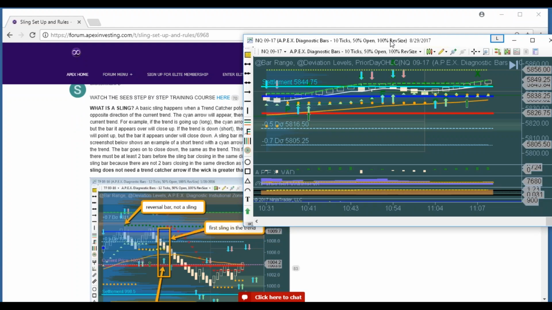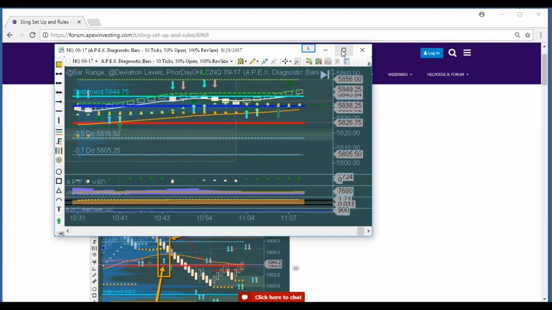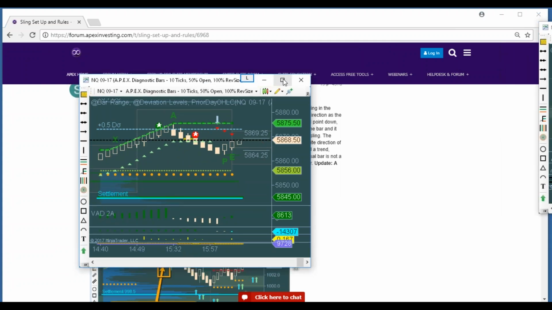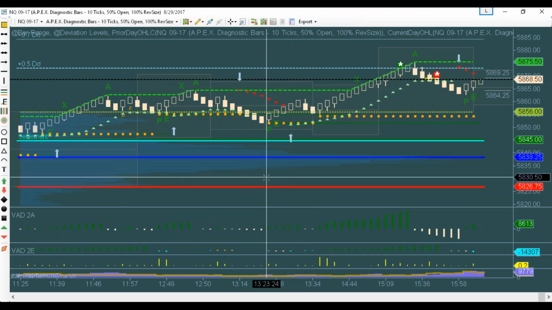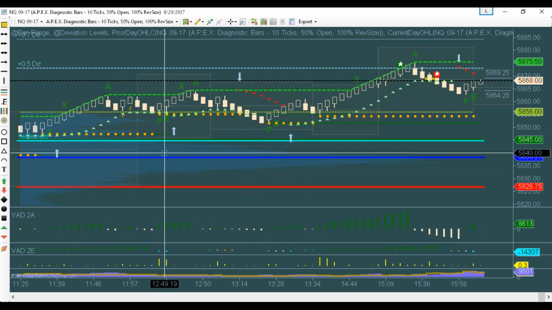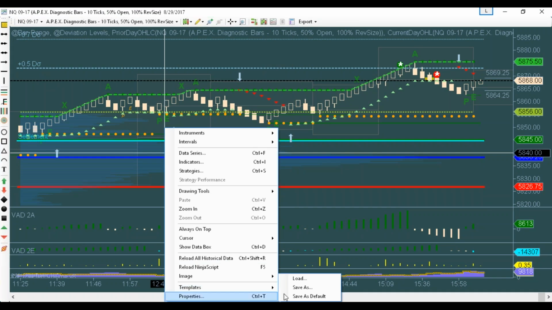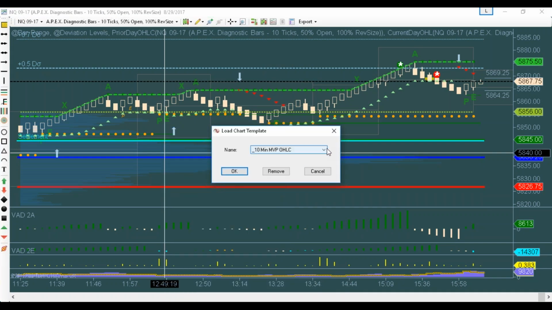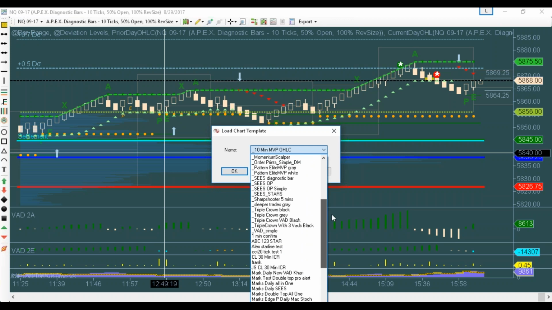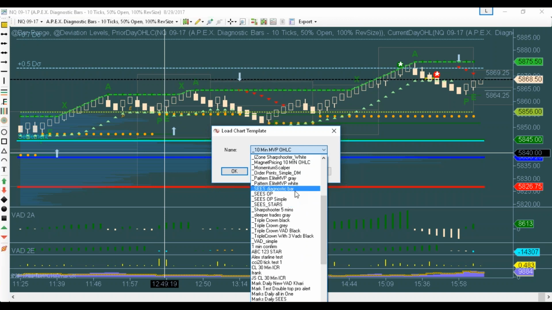Okay, what is that? Well, there's an additional indicator. Okay, if you've got your power play template, it looks like this. You're all familiar with it, right? Okay. There's also a C's template. It's just when you go into Ninja and you're looking for templates, it's called C's diagnostic bar. Okay.